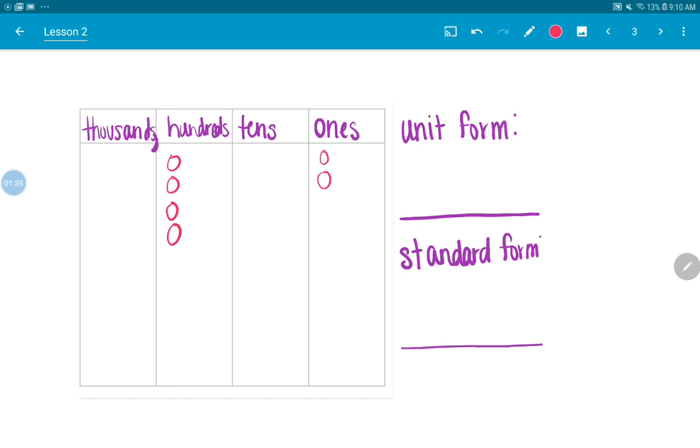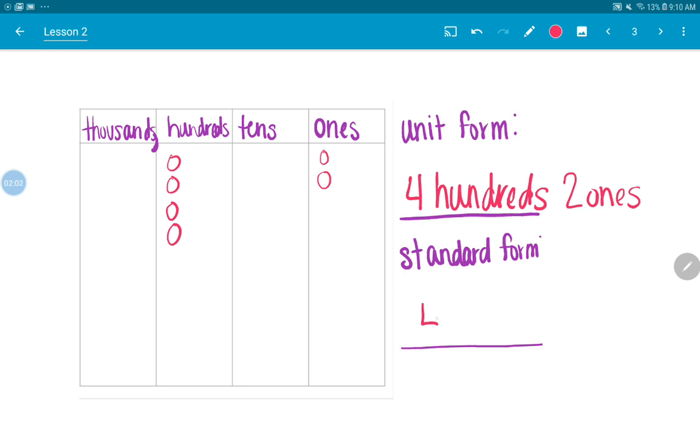What's that number in unit form, Harper? 4 100s, 2 1s. Good. I have 4 100s, 2 1s. How do I write that in standard form? 402.